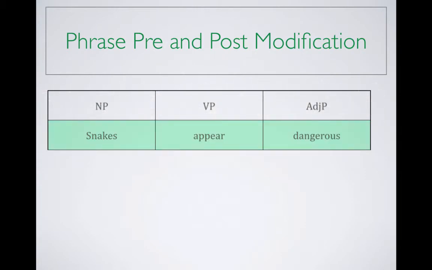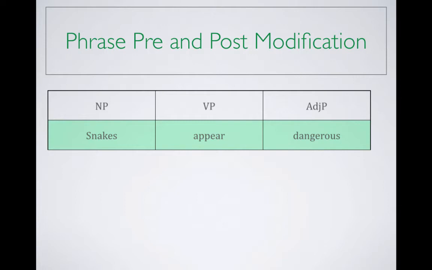A sentence is constituted by different phrases. In this case, a noun phrase, a verb phrase, and an adjective phrase. These phrases can be by themselves only one element that is called the head.